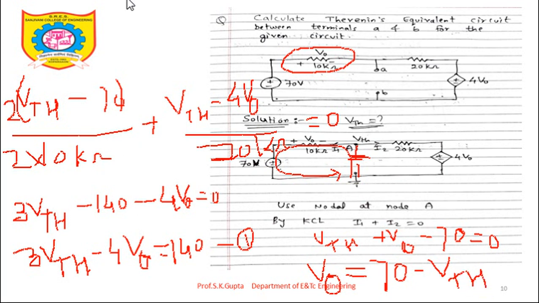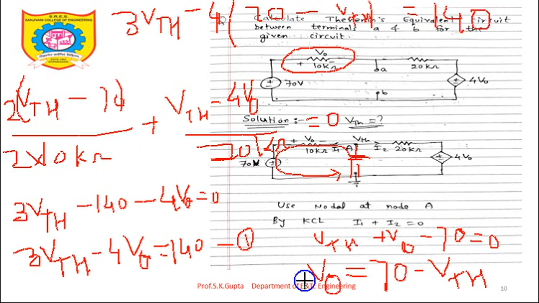So equation 1 becomes 3 VTH minus 4 V0. Minus 4 times the V0 value is minus 4 times (70 minus VTH) equal to 140.